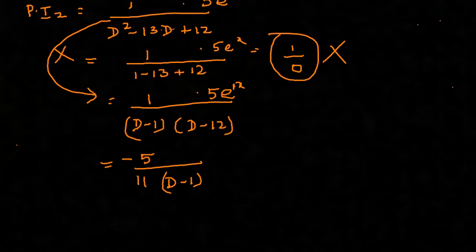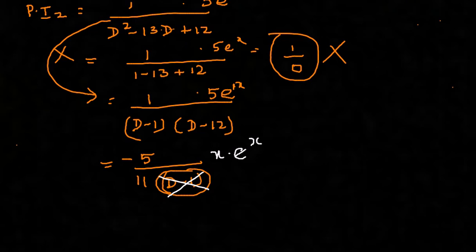Therefore, the formula that we will be using is, in place of this d minus 1, I'm going to substitute x into e power x. So instead of this, I'm going to write it as x into e power x.